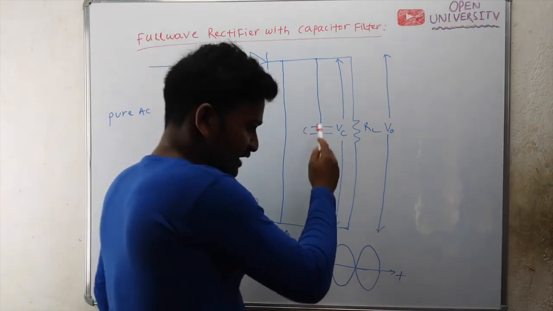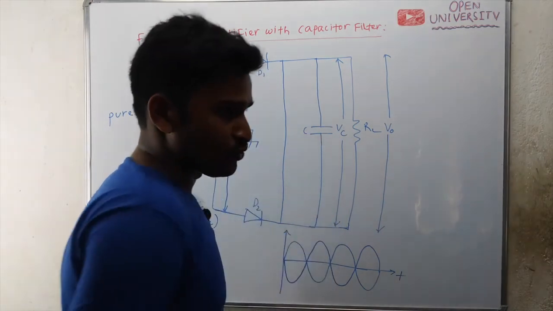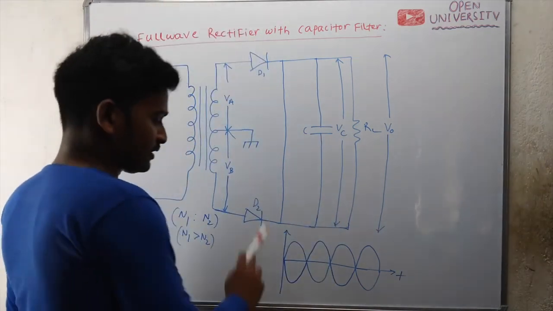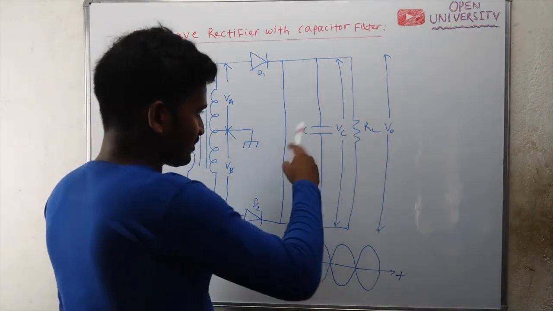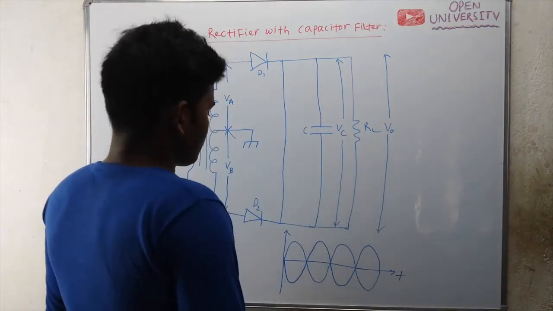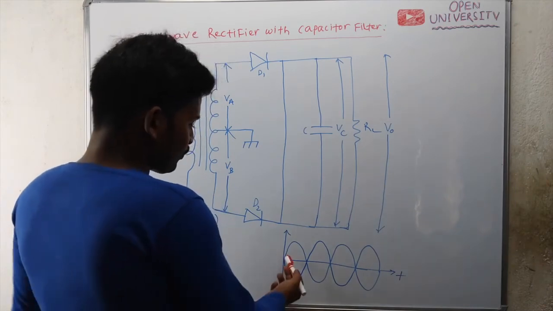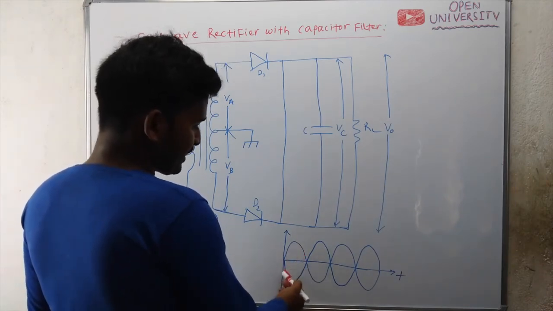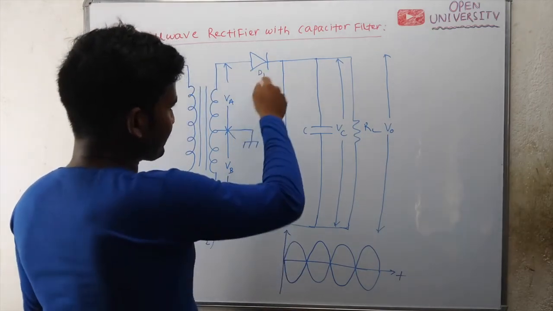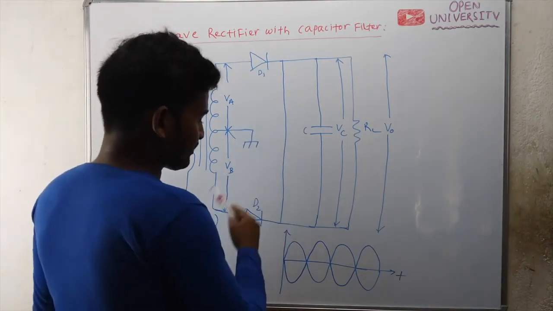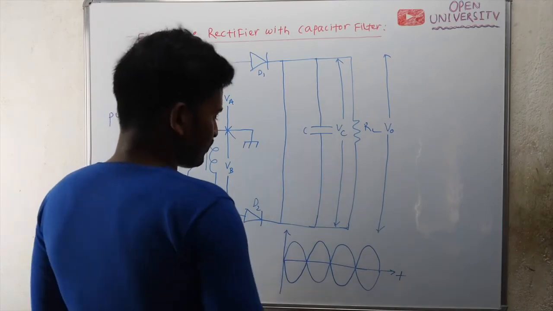Let us initially assume the voltage across the capacitor is 0. The capacitor is discharged. Now, when VA is positive, at that time VB will be negative. Since VA is positive, D1 will be forward biased and D2 will be reverse biased. Now, what will happen?